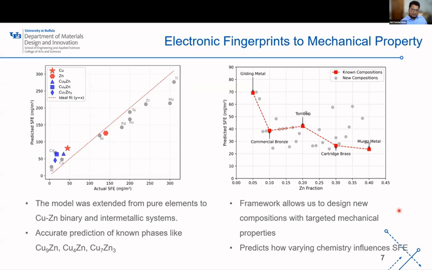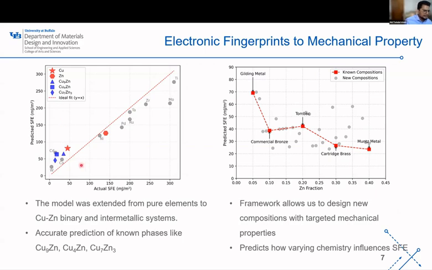We want to further test our model on a more complex system. We trained our model solely on single elements, and we want to expand this model to predict stacking fault energy of alloys. As you can see here, the blue points are copper and zinc alloys, namely alpha, beta, and gamma brasses.